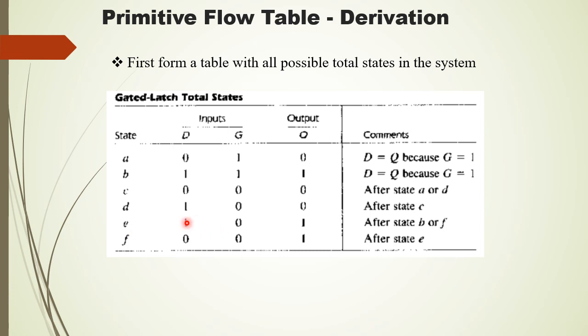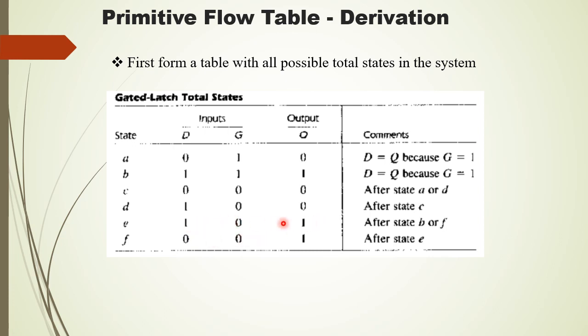So this can happen either after B, that is 1 1, or after this, with G still at 0. If we try to change the D input from 0 to 1, there will not be any effect in the output. So it can happen after F or after B. Now with G 0, if we try to change the D input from 1 to 0, there will not be any change in the output.